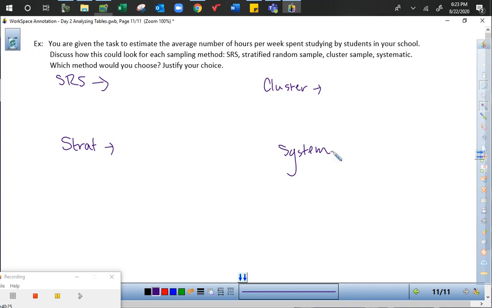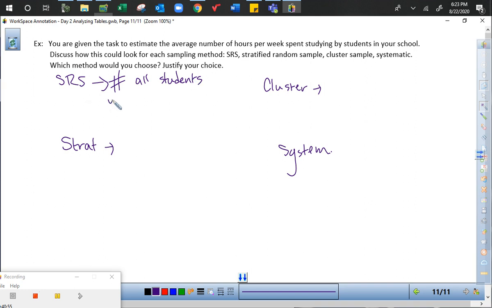Alright, simple random sample, there's no different way to do it. Always looks the same. You number everybody in your population. So for us, that would be students, so number all students. And it doesn't really matter how you number them. They could be alphabetically, they can be literally as they walk in the door, because we're going to randomize it after that.